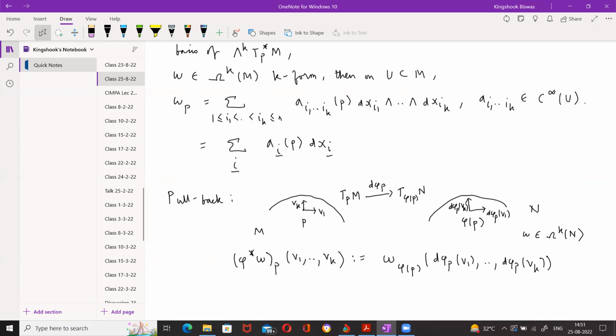Okay. So it's clear, because omega is multilinear and d phi P is linear, that this will be multilinear. And also alternating, because omega is alternating. All right. So this will define for me at each point a K multilinear alternating function. So therefore we get phi star omega, the pullback, is a K form on M.